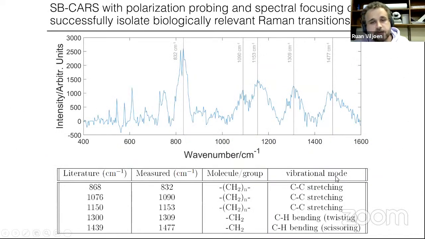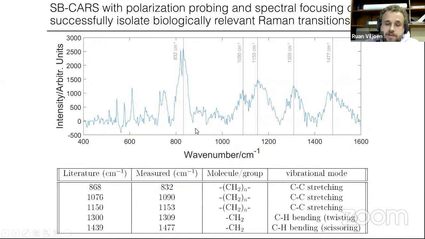As a proxy for a biological sample, we used olive oil and scanned it by targeting different Raman transitions, and we were able to identify well-known vibrational modes that you find in olive oil. These modes correspond to Raman transitions associated with fatty acids, which you will find in biological samples as well.